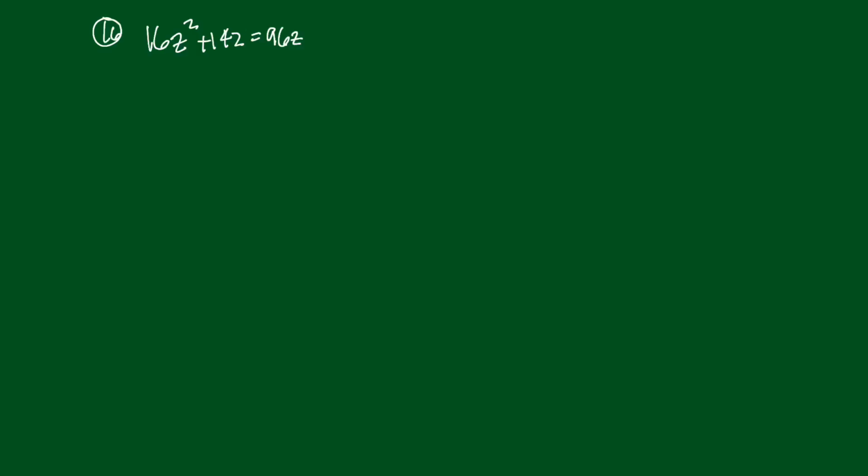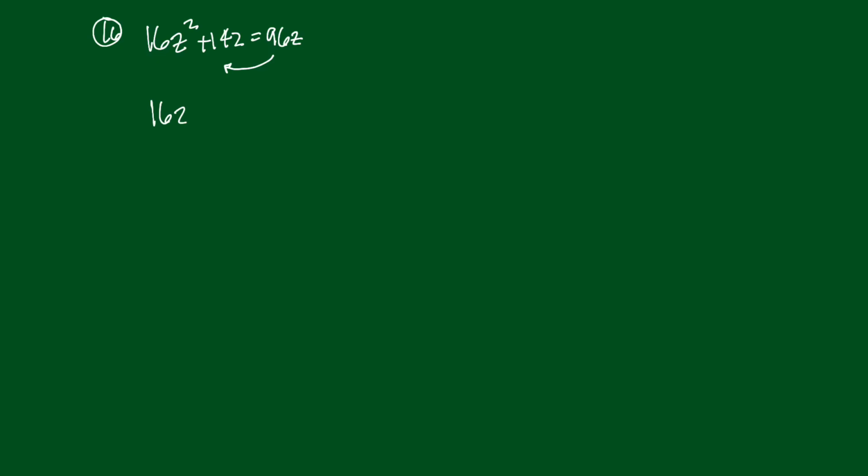So we're supposed to solve this equation. It doesn't tell us how. It just says solve it. So you know what I'm going to do is I'm going to get everything on one side. So I notice that I've got a squared term on the left and a constant. Let's get this linear term on the left side.